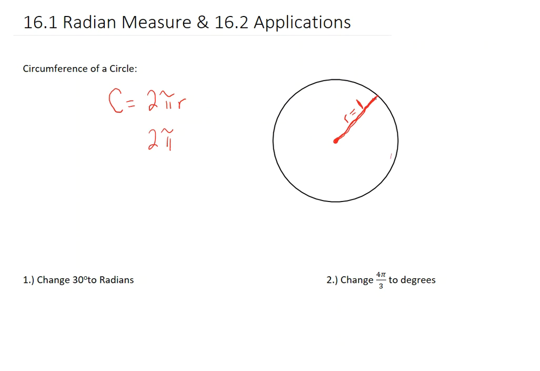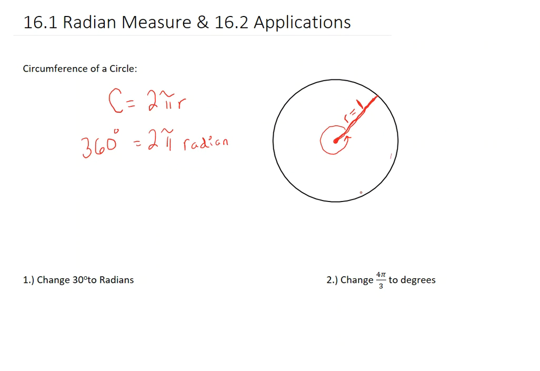But if we also think about the circumference of a circle and how you go all the way around, it is also 360 degrees. So the 2 pi measurement comes from the radian measurement. 2 pi is the unit to go all the way around. So 360 degrees is equivalent to 2 pi.